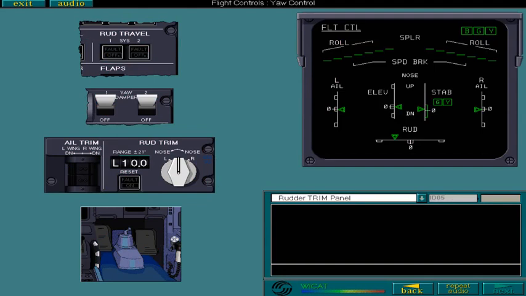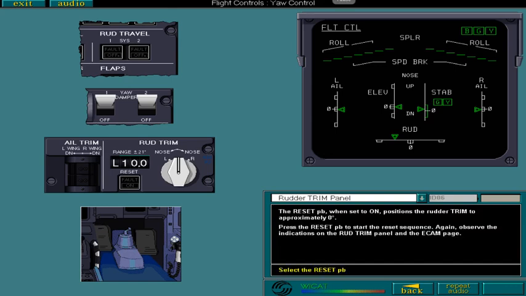The reset push button, when set to on, positions the rudder trim to approximately 0 degrees. Press the reset push button to start the reset sequence. Again, observe the indications on the rudder trim panel and on the ECAM page.